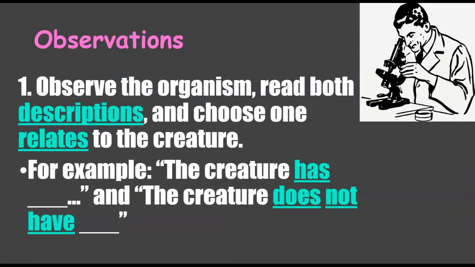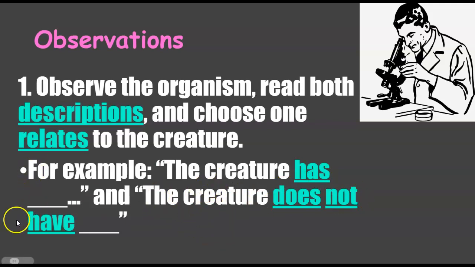So like we just said, the first step is you're going to look at the organism that you're being asked to look at. So you observe the organism, and then you read the first descriptions, both descriptions, and choose which one relates. The creature has wings.